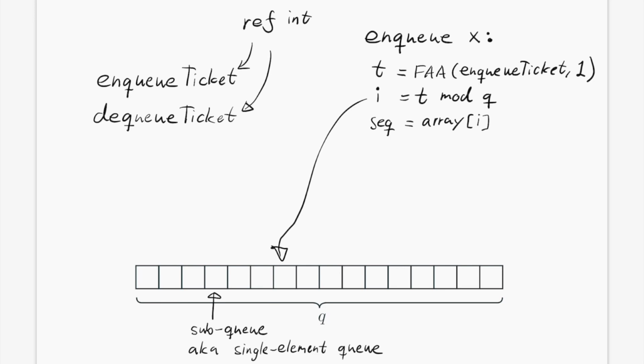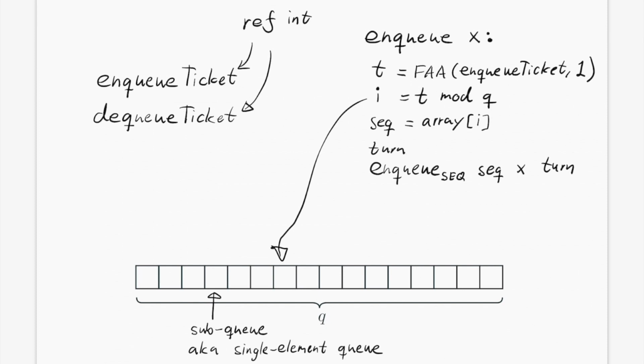So we call the single element queue's enqueue operation on this subqueue, and we give it the value x. Now, in addition to this, enqueueSec also takes a number, which we call a turn, which specifies the order in which the value should be enqueued to this queue.